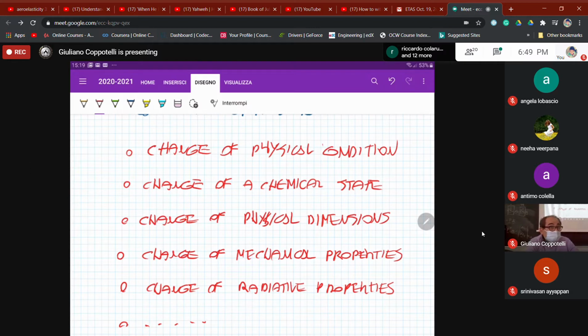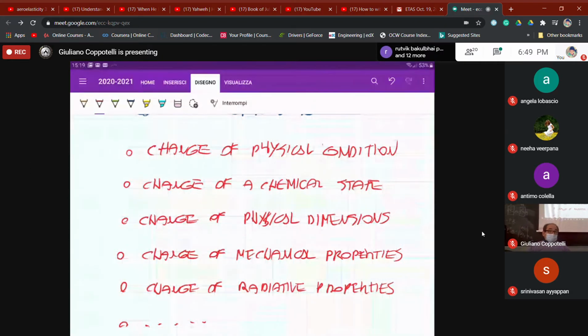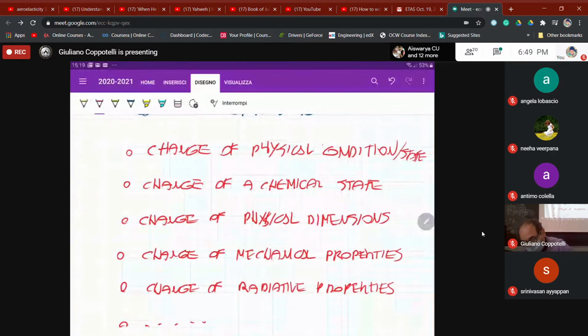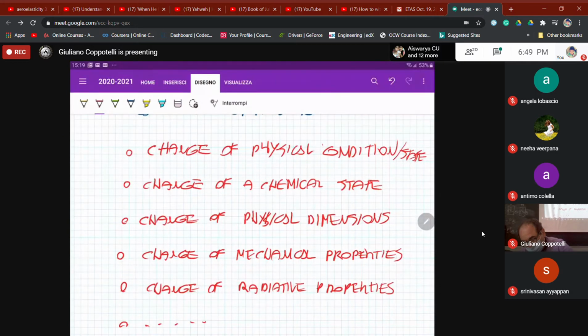Okay, so how can we measure the temperature? Just by measuring such a change of something, okay, physical condition or state, they're the same, chemical state, physical dimensions, mechanical properties, radiative, and so on and so on. Okay.